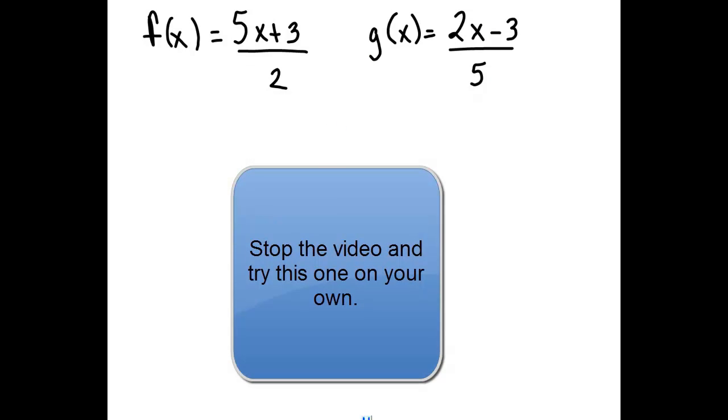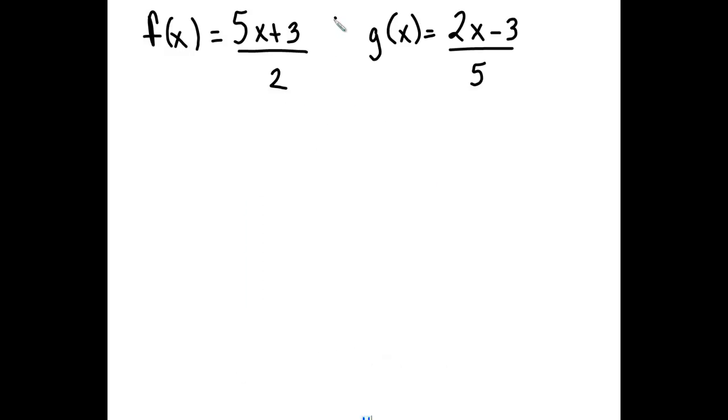Okay, let's verify that these two are inverses. Let's start with f of g of x. So everywhere I see an x in f, I'm going to replace it with g.